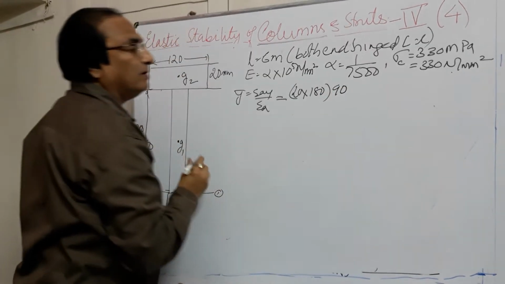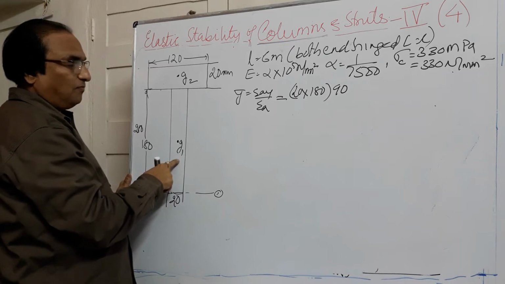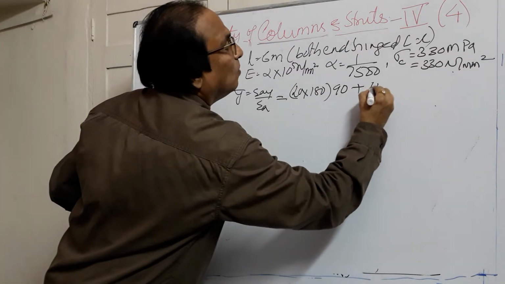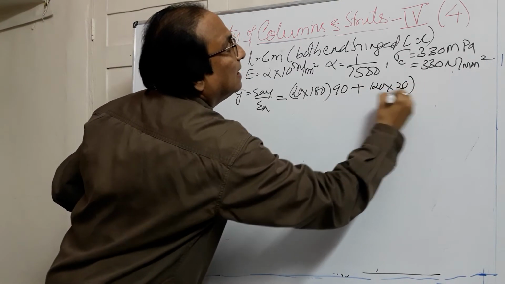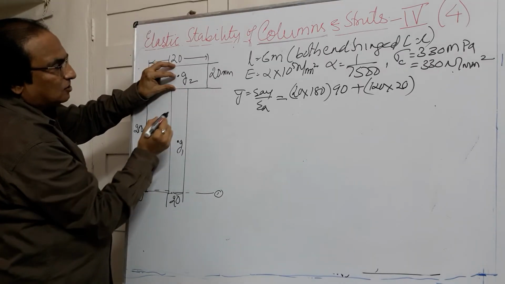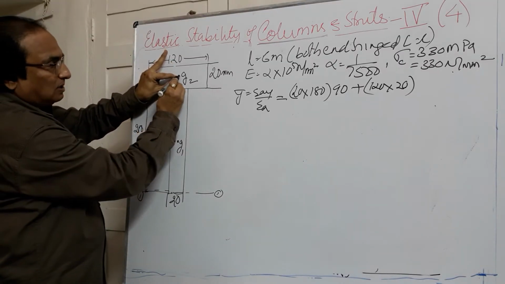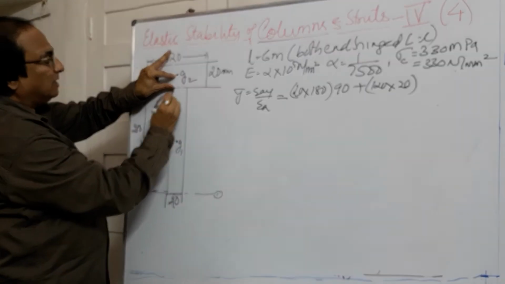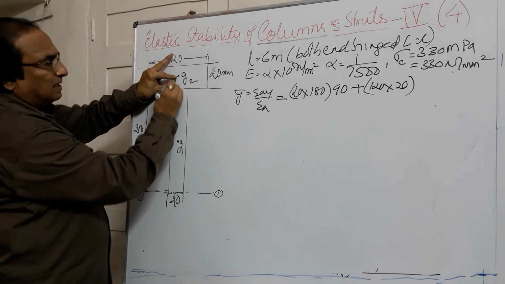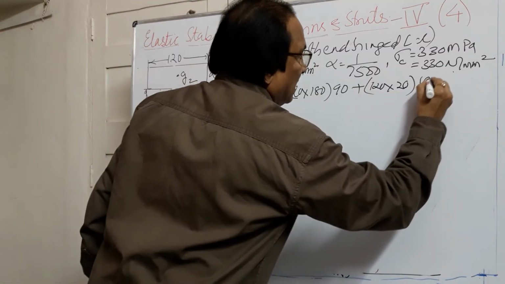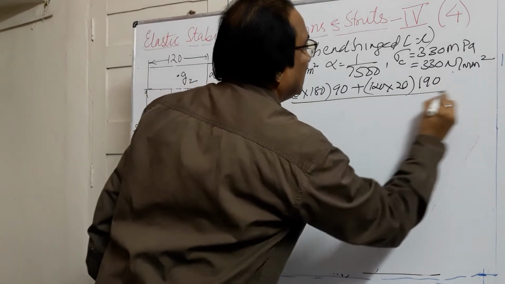So this will be A1 times 90, plus we will go to this area, 120 by 20. This is the area 120 by 20, and we know the centroid of the rectangle is at the center. So this distance is 10. But I want the distance from 1-1. So what will be this distance? From here to here it is 180 plus 10 mm. So 180 plus 10 will be 190, divided by area.